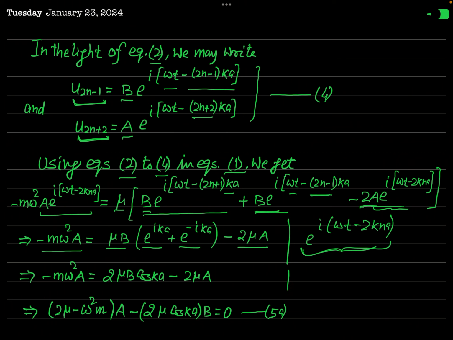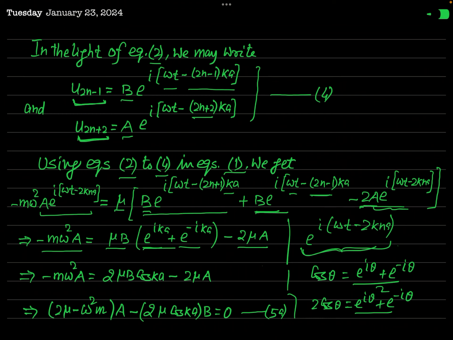Now you know that cos theta is equal to e to the power i theta plus e to the power minus i theta over 2. And that's why you can say that 2 cos theta equals e to the power i theta plus e to the power minus i theta. So on the basis of this Euler's formula, can you say what this will be?